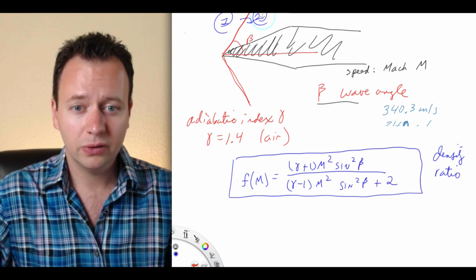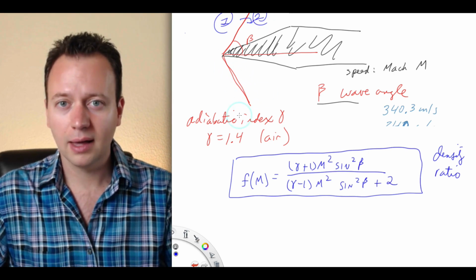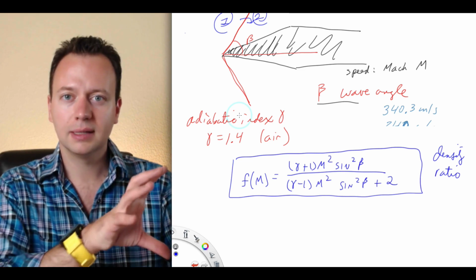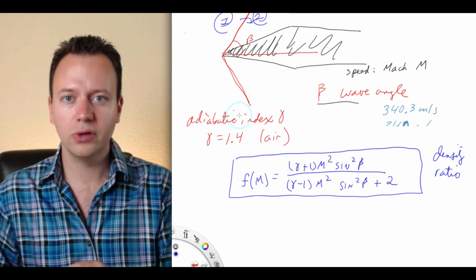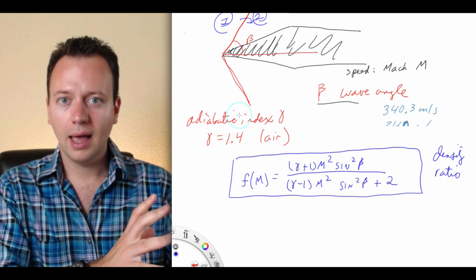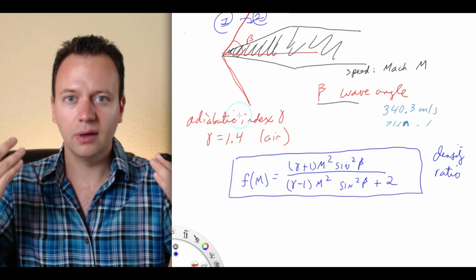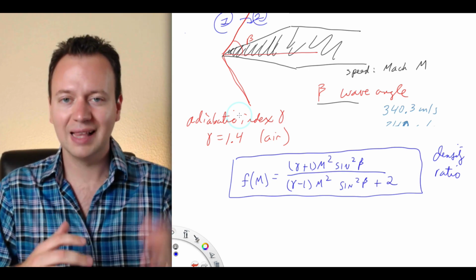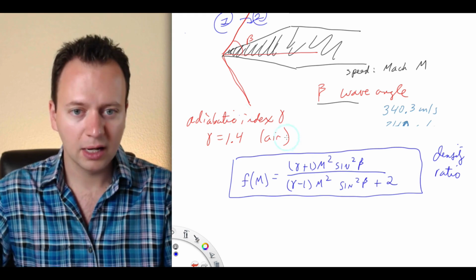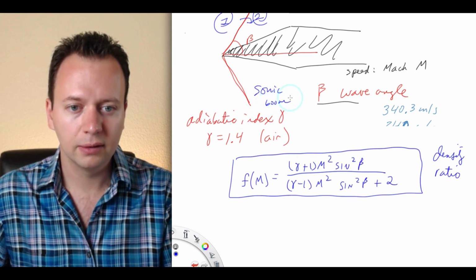And also these shock waves are what create sonic booms. I said earlier that we perceive sound because sound is a pressure wave that travels through the air. Here you have a very strong pressure wave, and when you're on the ground and that shock wave passes over you, you get a sudden change in pressure, which you hear as a loud boom. It's called the sonic boom. The sonic boom can even be heard from the ground.